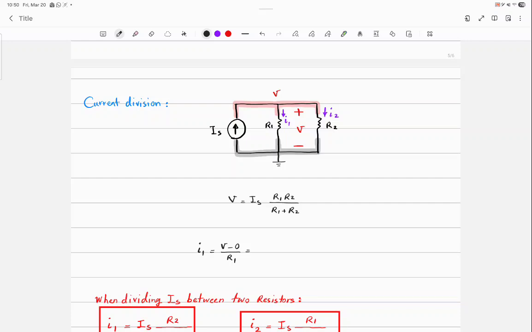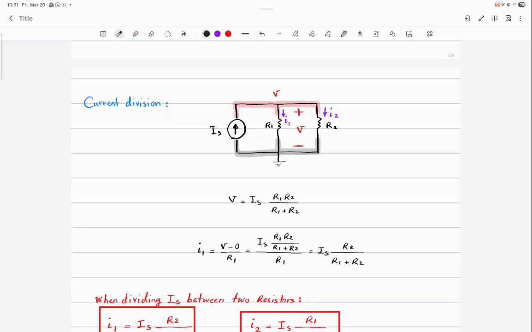I have the expression for V. So I1 is IS R1 R2 over R1 plus R2, divided by R1, and it's equal to IS R2 over R1 plus R2.